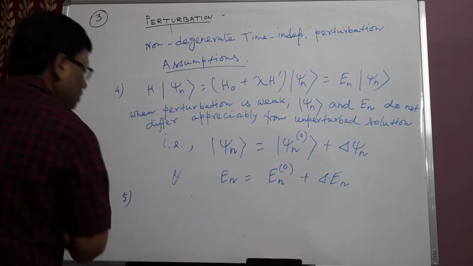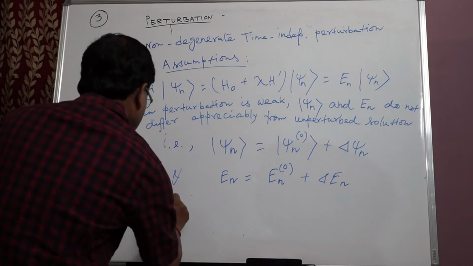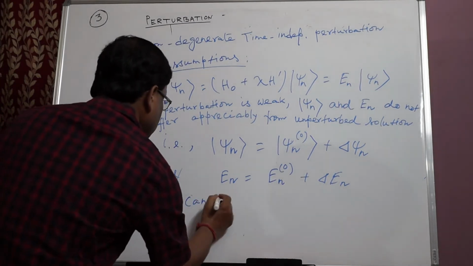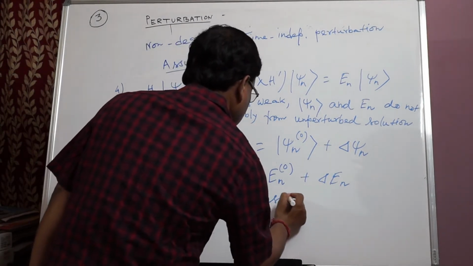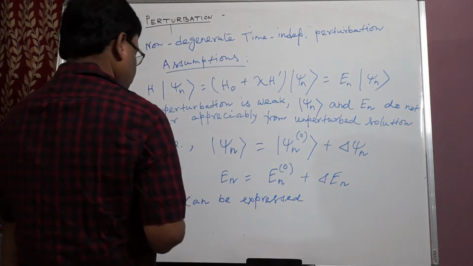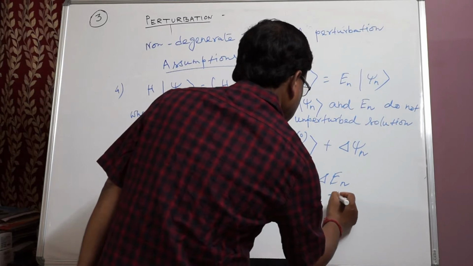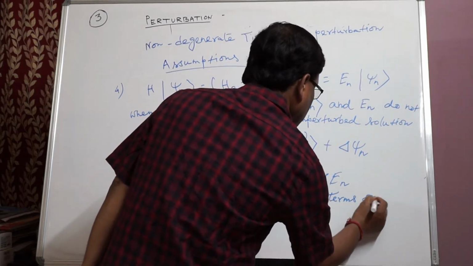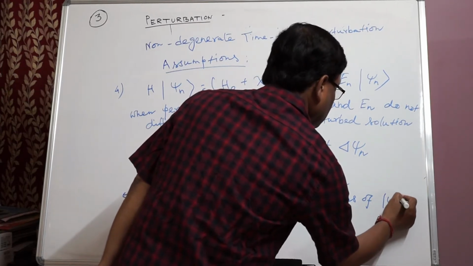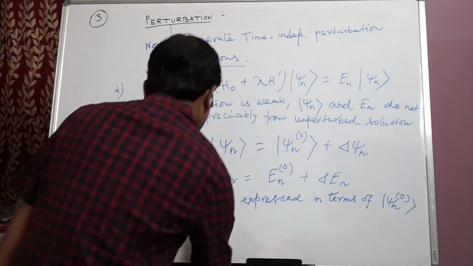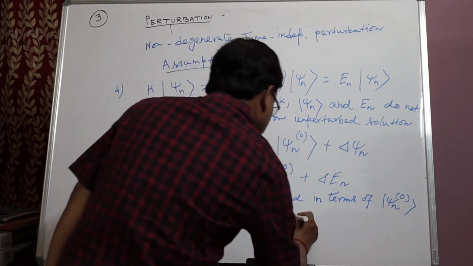Approximation 5. Del psi n can be expressed in terms of the unperturbed wave functions, that is, del psi n equals a sum over m.